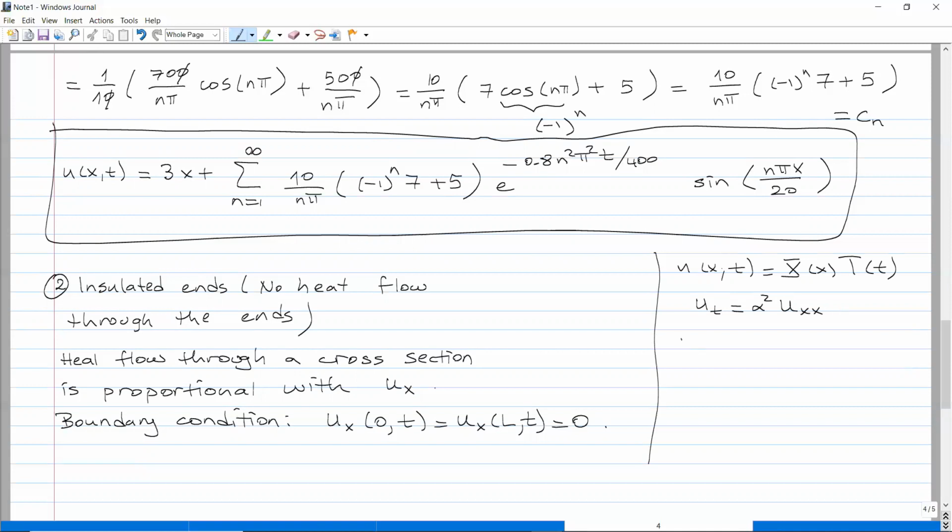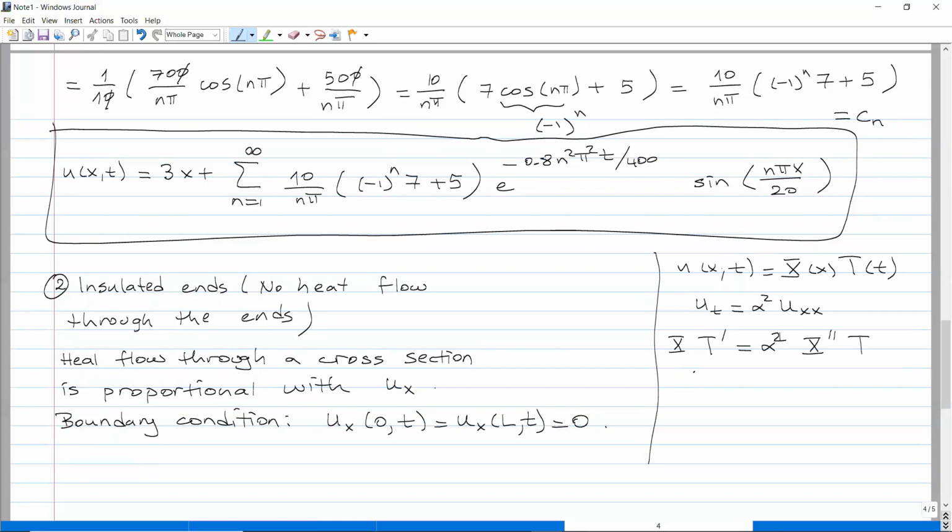So U sub t is going to be the function X times T prime. U sub x x is going to be the second derivative of X times T. So the first part is going to be the same, alpha squared.